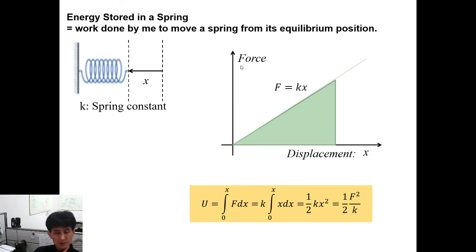So force as a function of displacement is just k times x, where x is the displacement of a spring out of its equilibrium position.